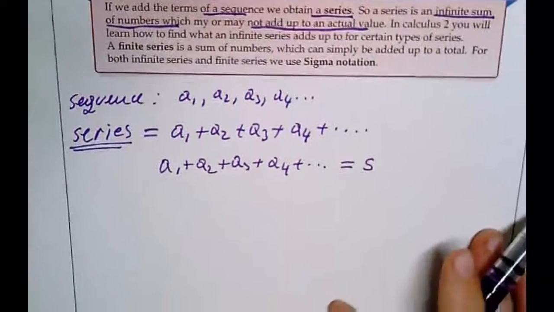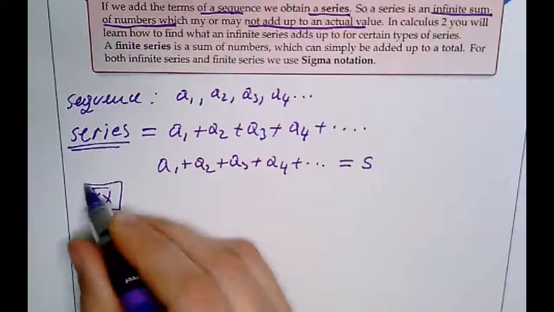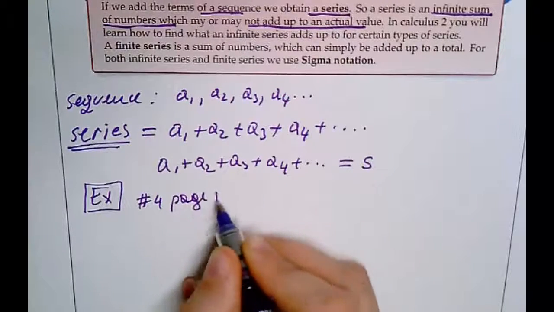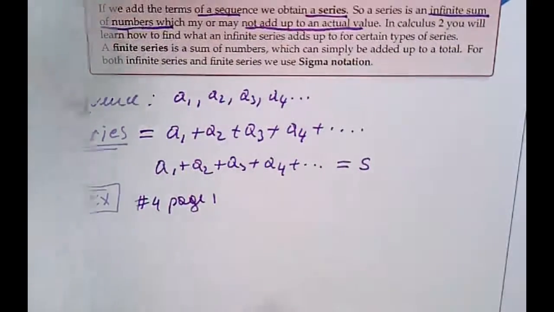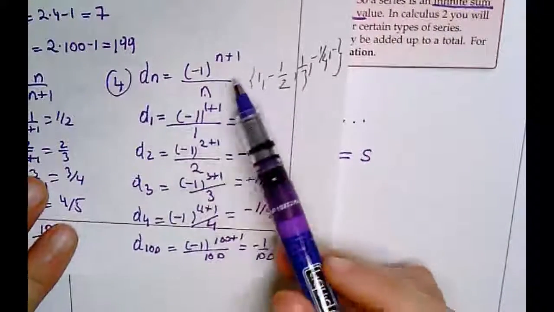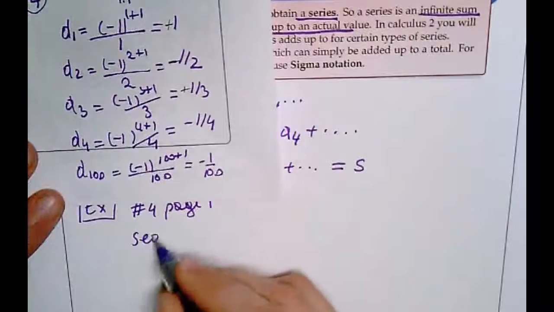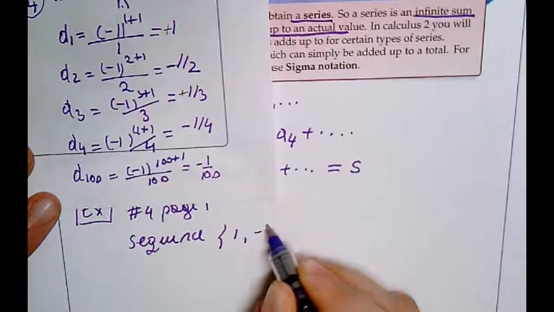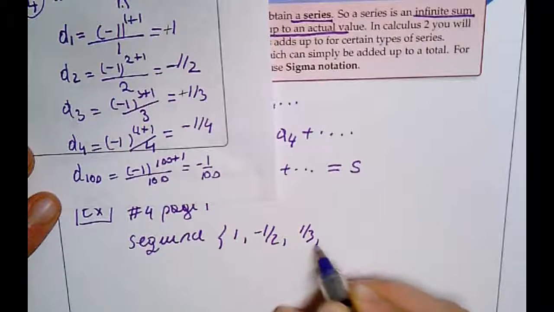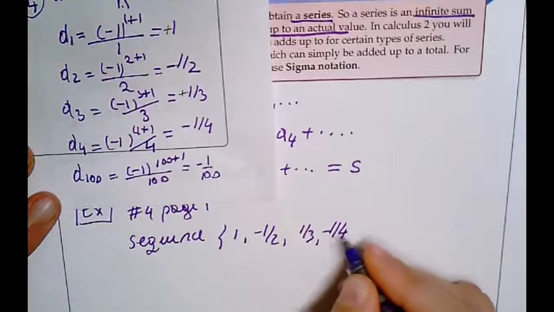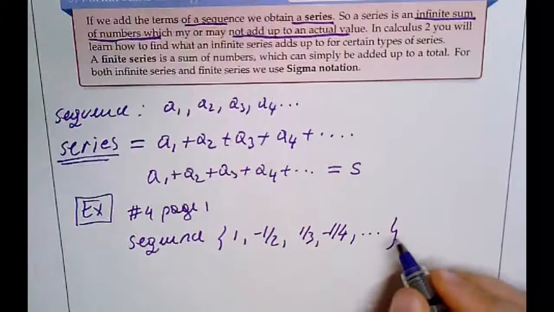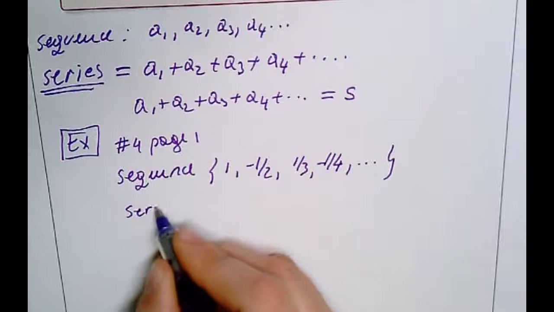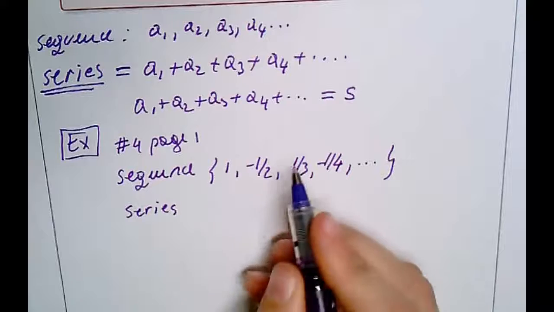For example, let's look at your number 4 on page 1. Number 4 on page 1 was this sequence: 1, negative 1/2, 1/3, negative 1/4, and so on. So the series is going to be adding the terms of this sequence.